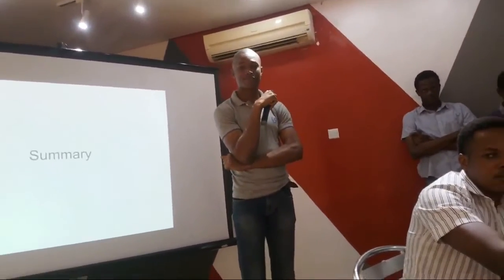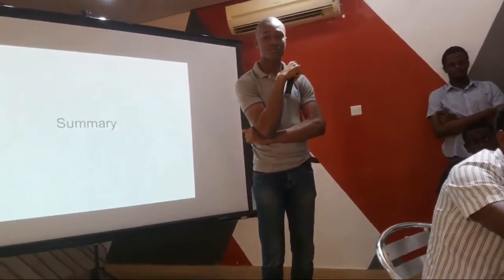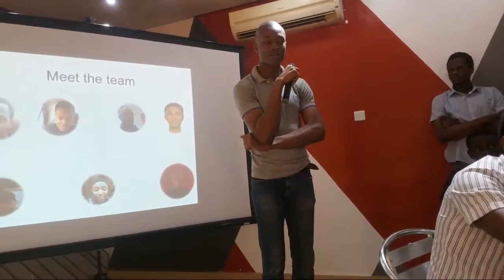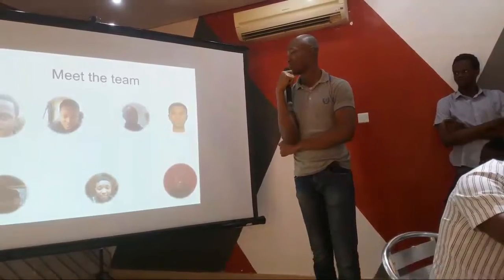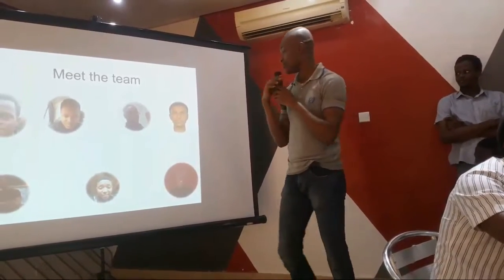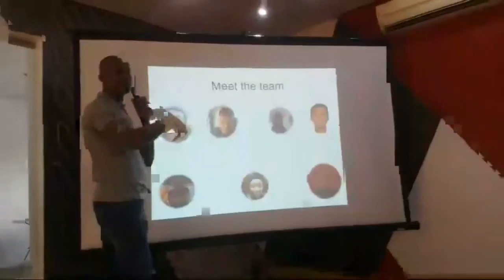I don't think you guys introduced yourselves. Let's meet you. Here's the team. Sorry, some other guys were not added there. That's me over there. Femi, where? Yeah, that's him over there. Leroy, is Leroy here? Okay, he's not here.